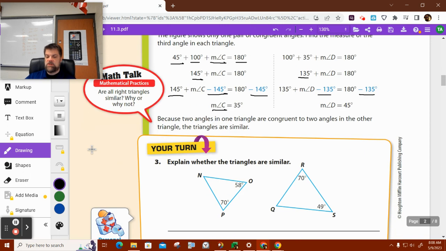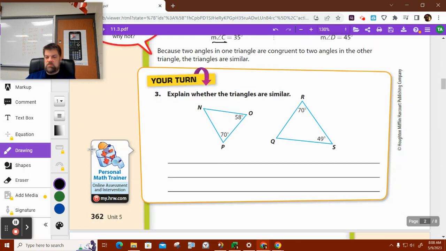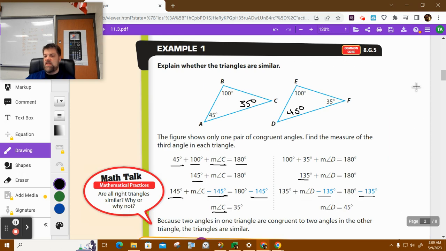Okay. So now it says explain, and by the way, I kind of glossed over that. We found the angles, but we were supposed to determine if they were similar. Are they similar? Yes. Why are they similar? Not length.